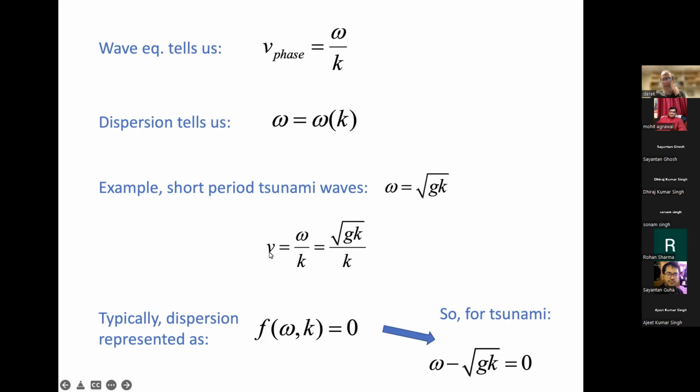So that means velocity, which is omega over k, equals square root of g times k over k. Now, typically, we represent dispersion as some formula of omega and k is equal to 0. So we can rewrite this formula here as omega minus square root of g k equals 0.